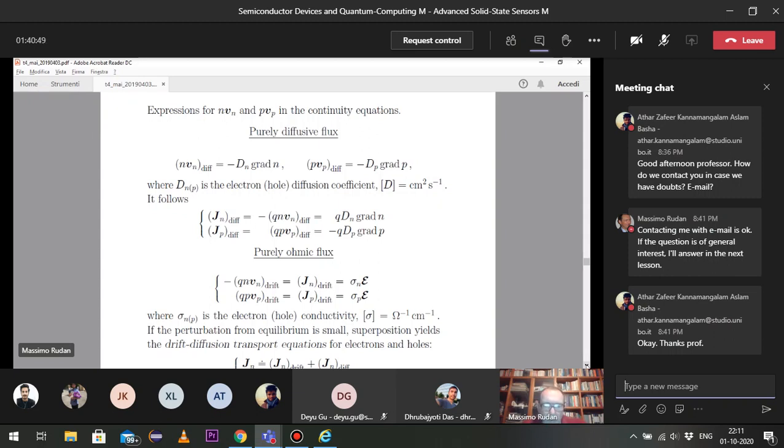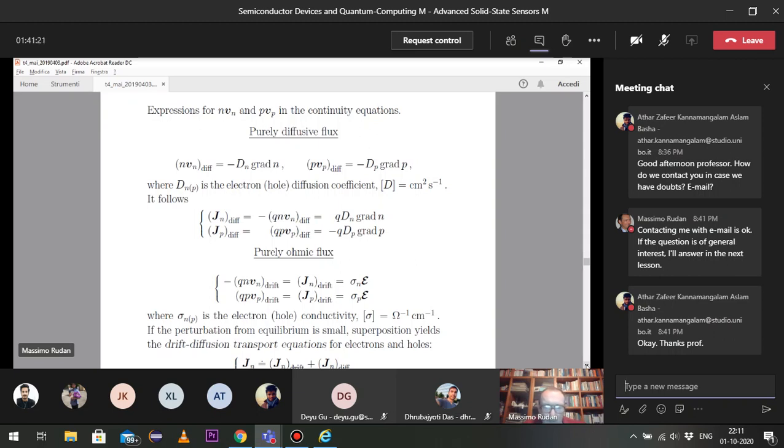Okay, so when there is a drift or ohmic flux, it means that there is an electric field inside the material, and of course this electric field is a force that is applied to the particles and moves the particles. So it determines a flux of the particles.